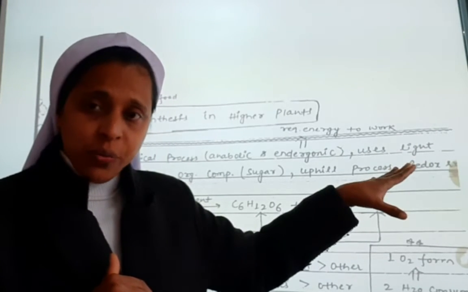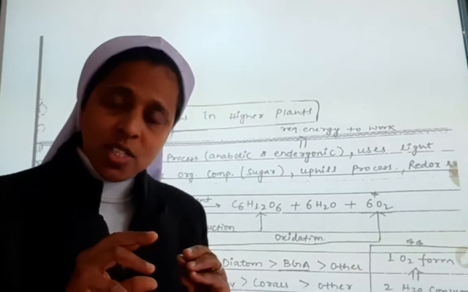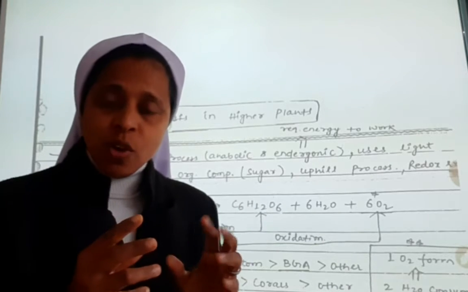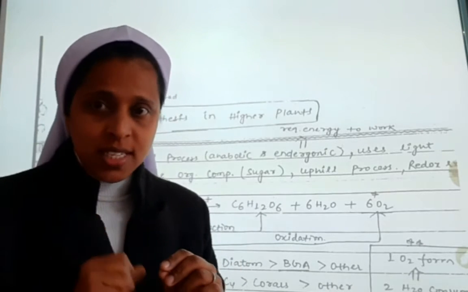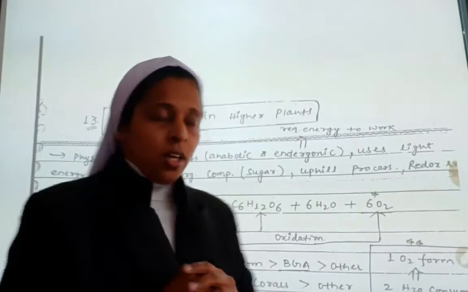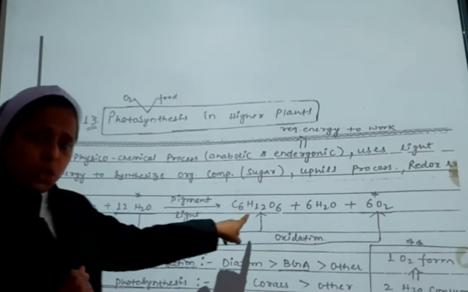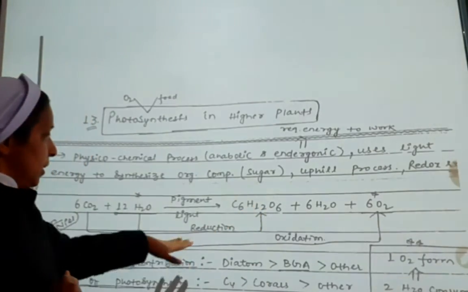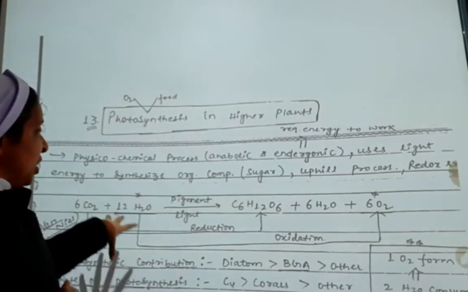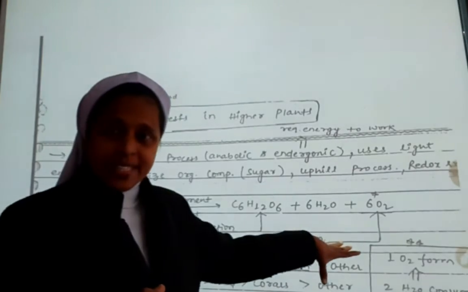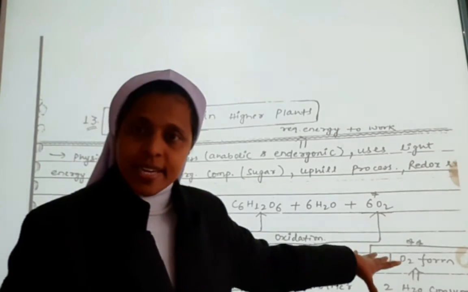For this process, what do we call it? When water is broken, when water is being split, we call that process oxidation. Here carbon dioxide is being converted to glucose, so we call it reduction. And when the water molecules are being broken, we call it oxidation.